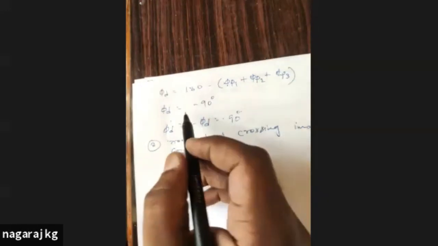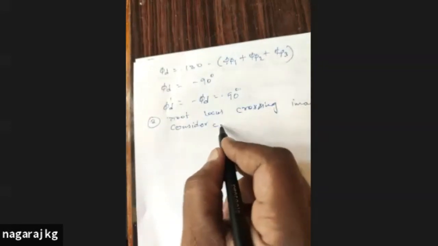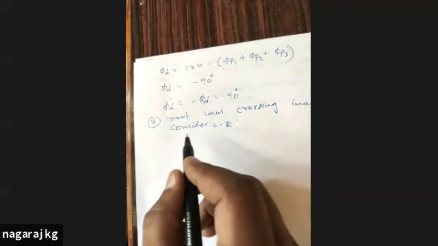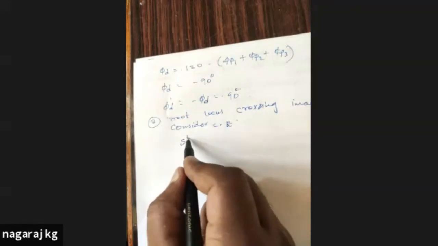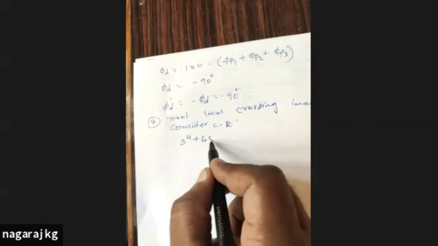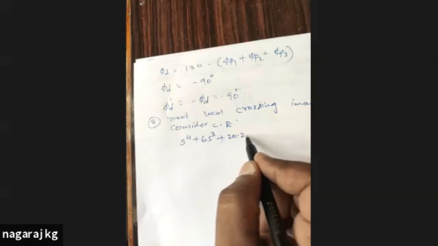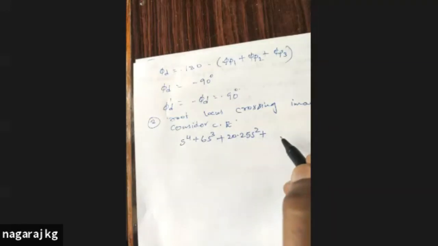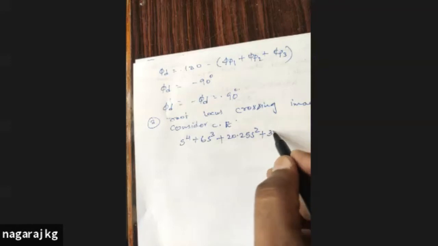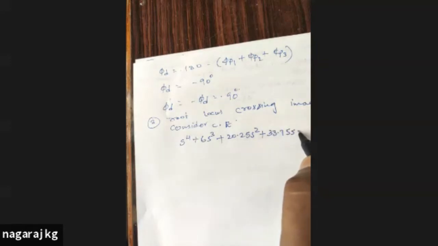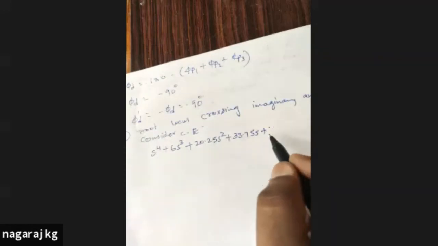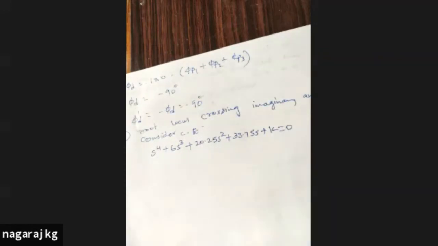Consider the characteristic equation. What is the characteristic equation we got? s to the power of 4 plus 6 s cube plus 20.25 s squared plus 33.75 s plus K is equal to 0.